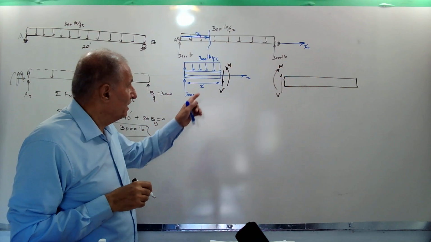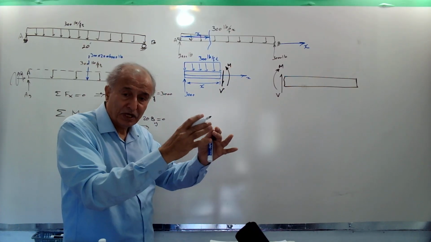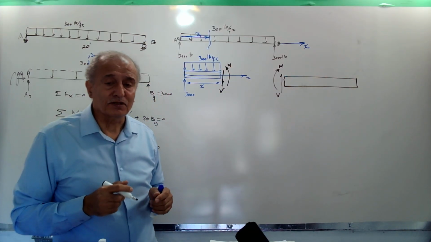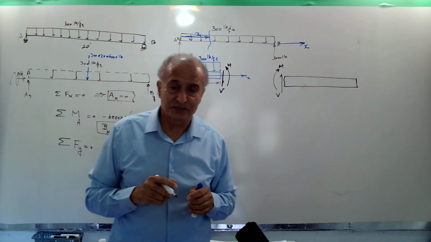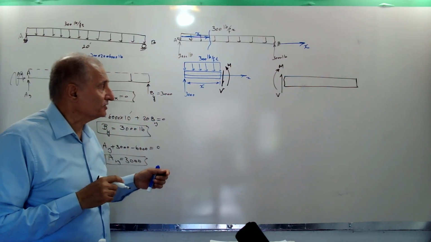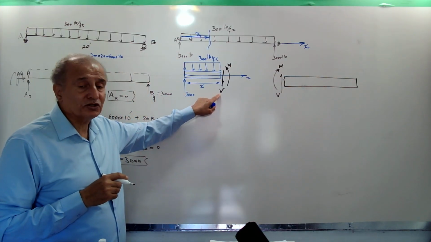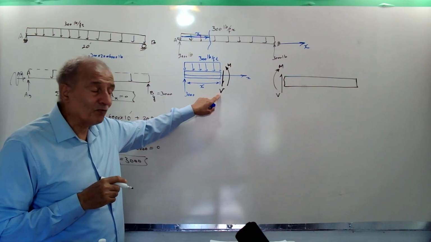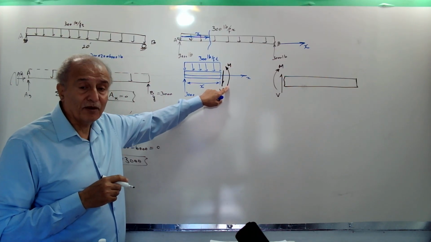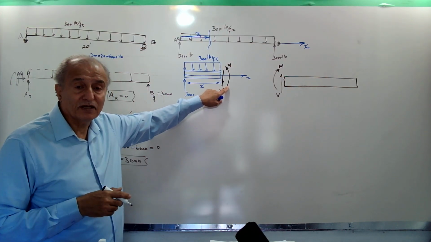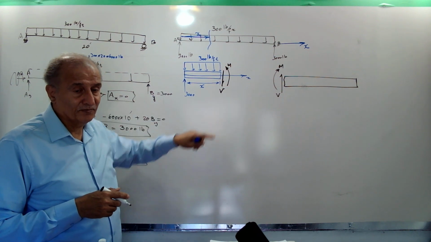That's a convention. When you attach these two together, they vanish because they neutralize each other. And many books consider this direction for V downward and direction for M for the left side counterclockwise.